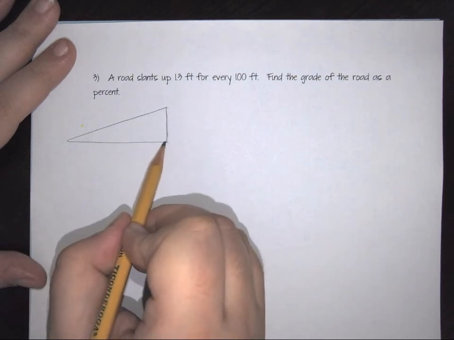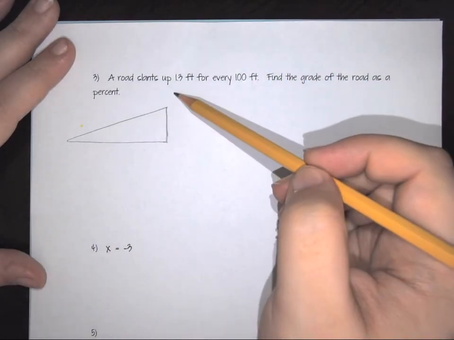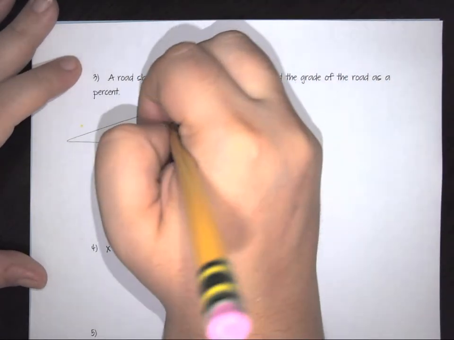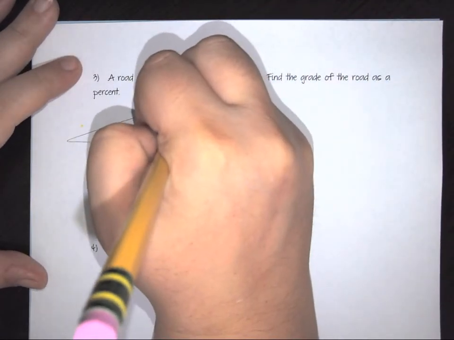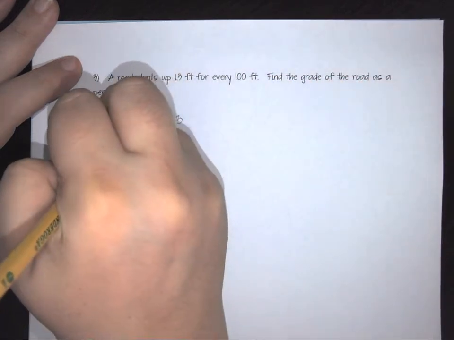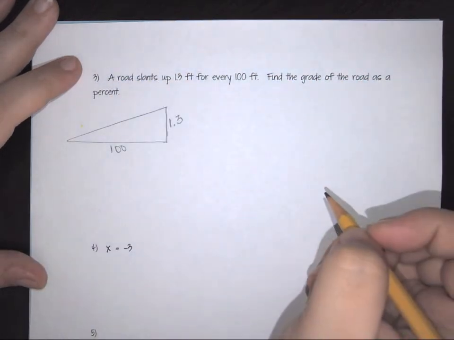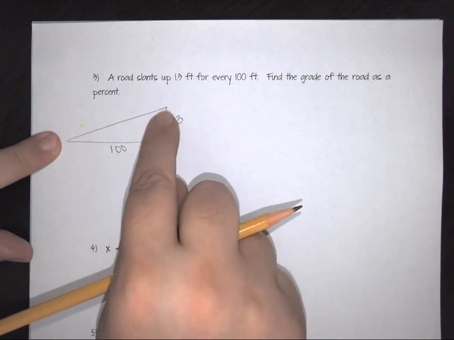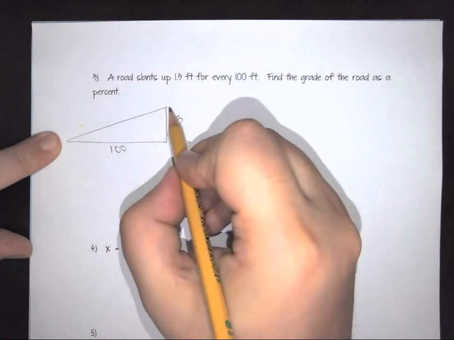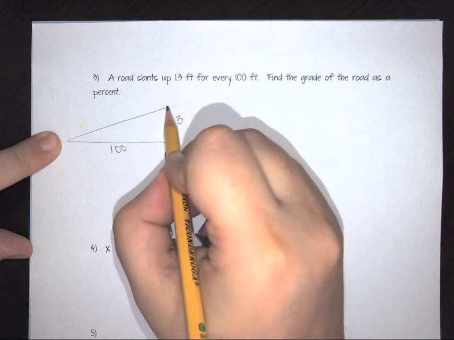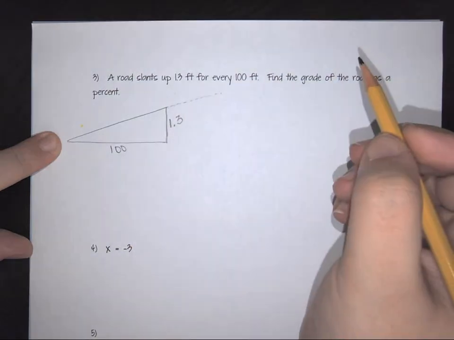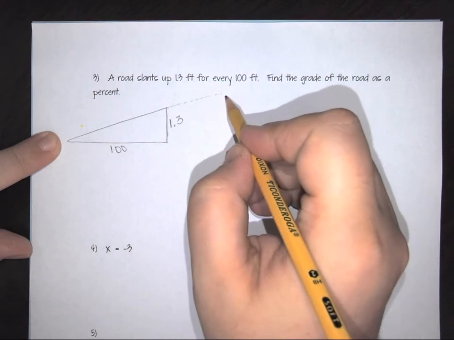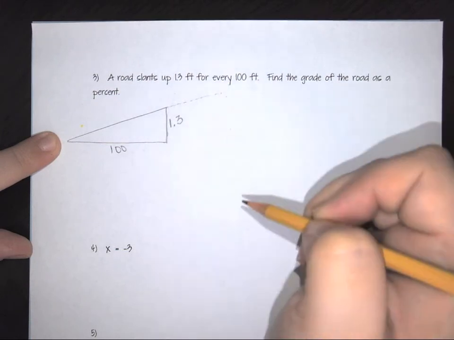We're told that it's going up 1.3 feet for every 100 feet, so this is 100. So every 100 feet we're raising it another 1.3. If we extend this triangle out another 100 feet, we would have 1.3 again, if that makes sense.